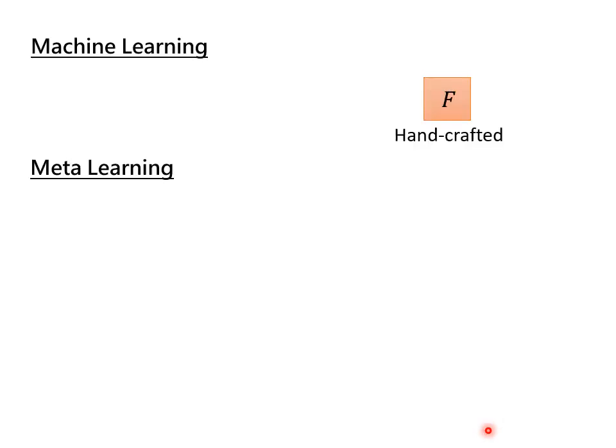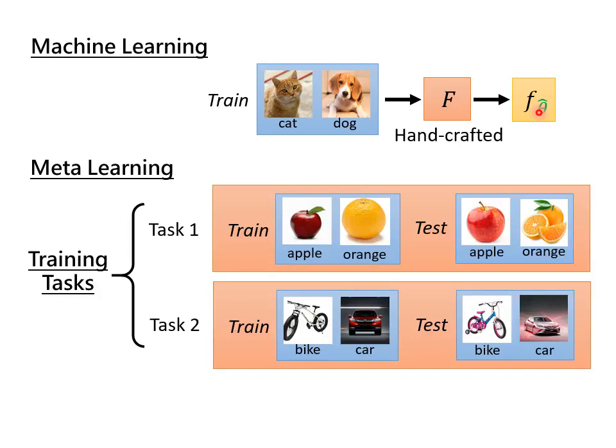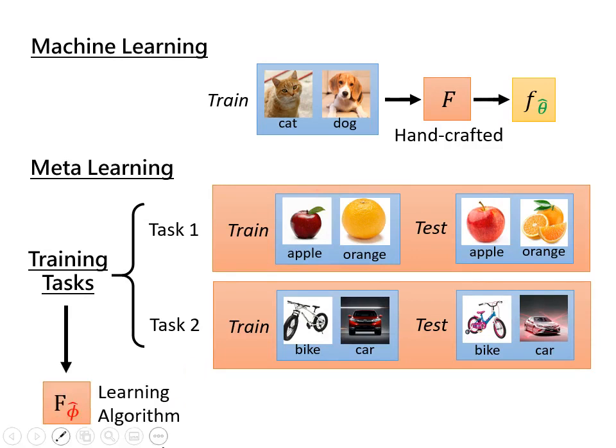Then in machine learning, you have a handcrafted learning algorithm, capital F. This handcrafted algorithm takes the training examples as input and outputs the classifier you desire. For meta-learning, you have a set of training tasks. You have many tasks, and with the set of training tasks, you learn a learning algorithm, F-phi hat. Because this learning is based on a lot of different tasks, we call it across-task training.